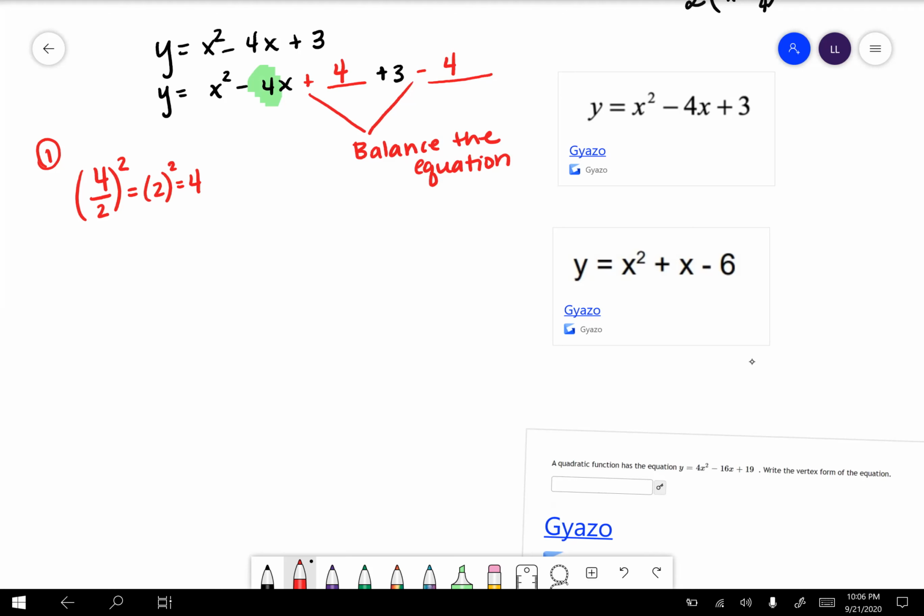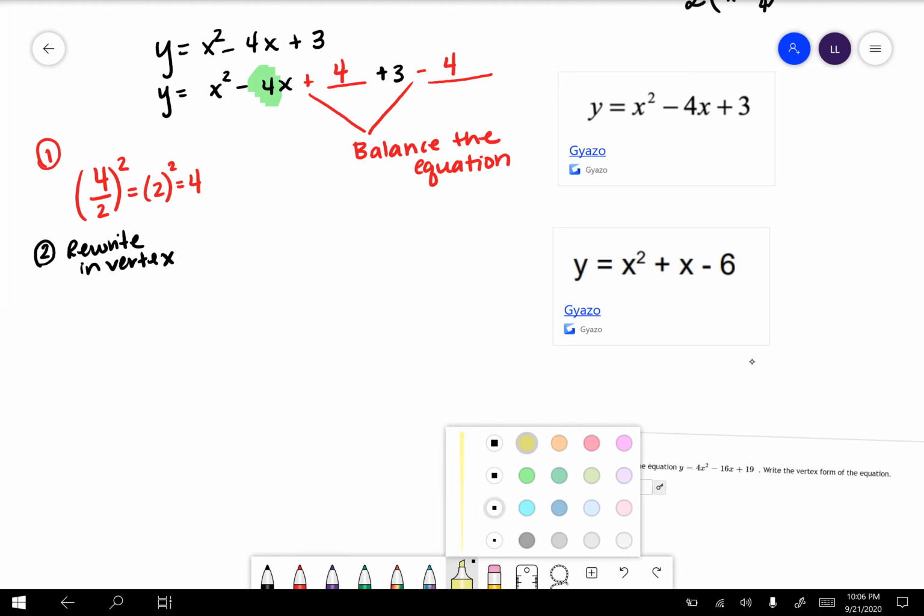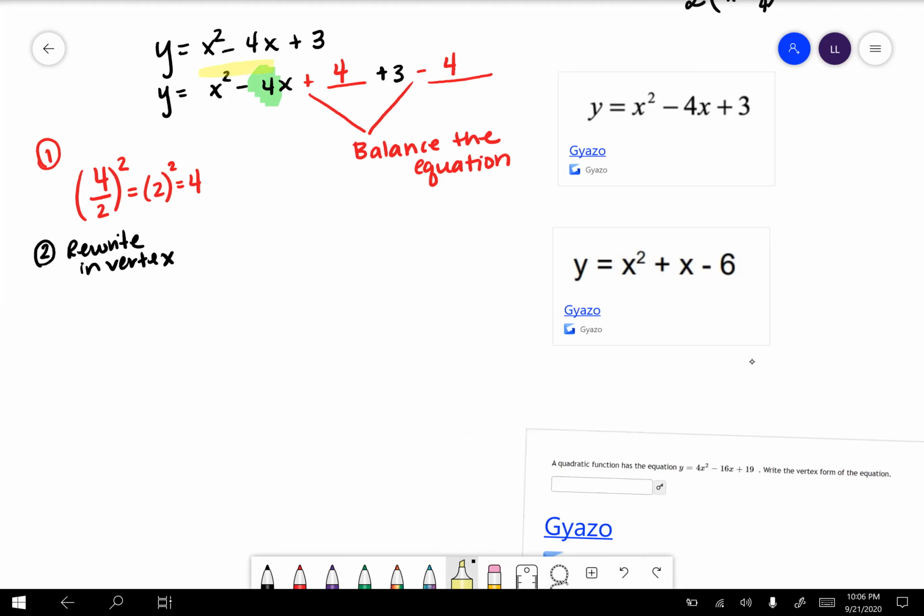So now we're going to rewrite our equation. So that's going to be the second step. Rewrite the equation in vertex form. We're going to do that by simply rewriting the perfect square trinomial that we created. So the perfect square trinomial that we created is right here: x squared minus 4x plus 4.